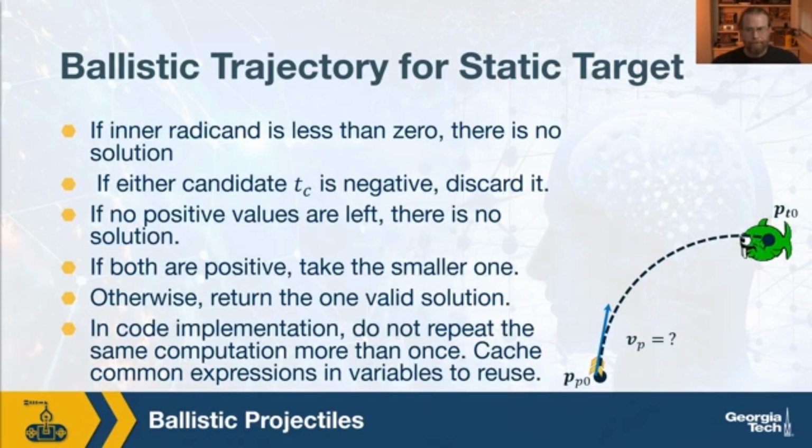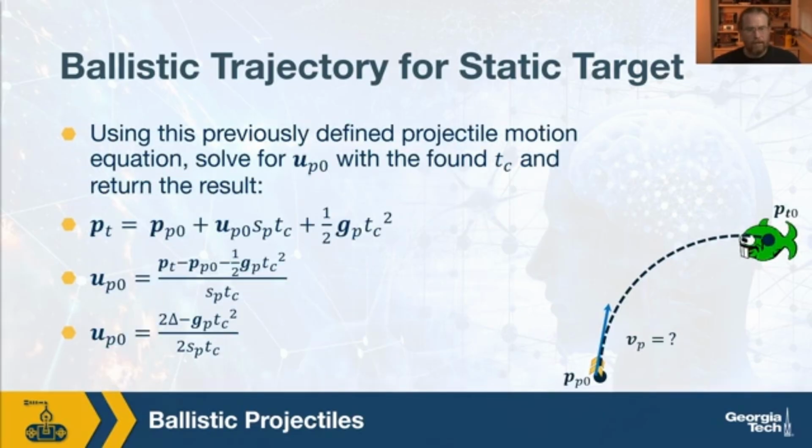All right, so once you have your t value, go back a few slides and you'll recall that we do have the equation for motion of the projectile. Again, that is a function of our velocity, our gravitational acceleration, and also the t value. The t, we know it now.